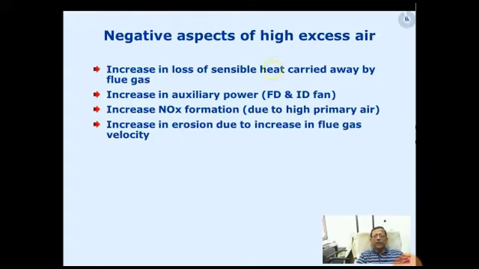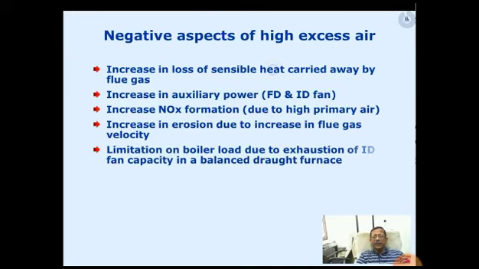Another problem of using a high amount of excess air is that in case of a balanced draft furnace, the more the mass of flue gas, the more would be the power required for the ID. And if the ID power reaches the limit, that we call saturation of ID, what is going to happen?